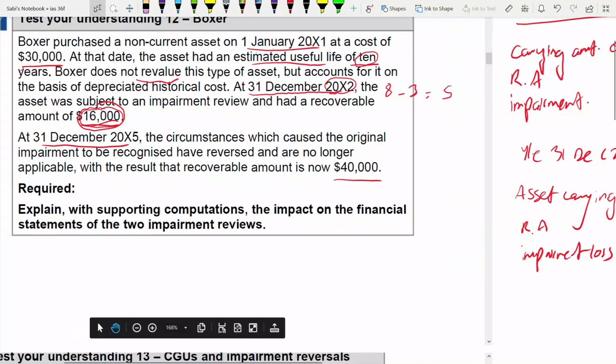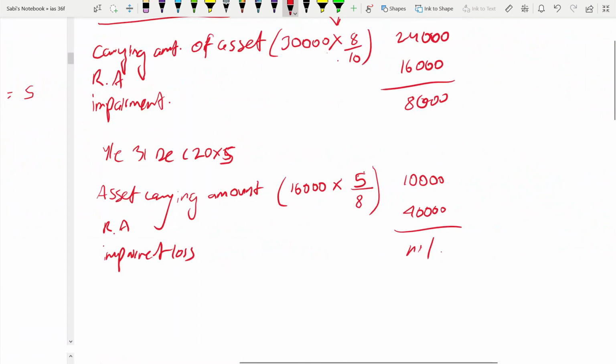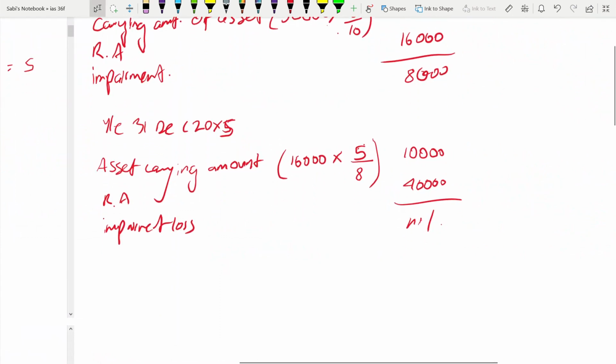Originally you bought it at 30,000 with a useful life of 10 years. On 31st December 2005, after 5 years, you depreciate 5 years and then find the balance. From 30,000 you deduct 5 years' worth of depreciation.